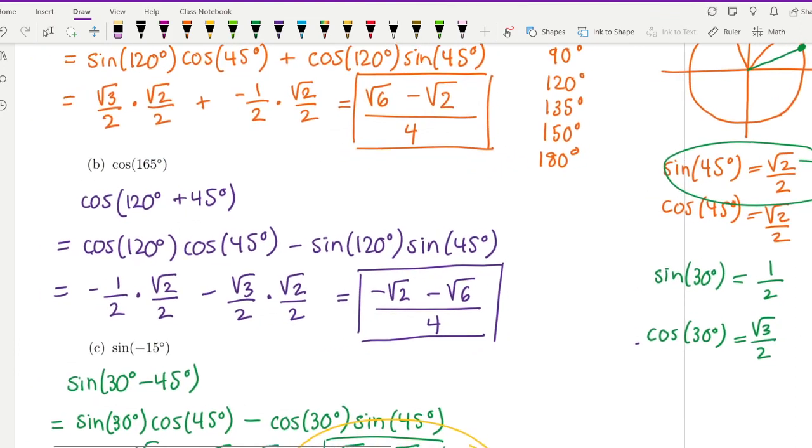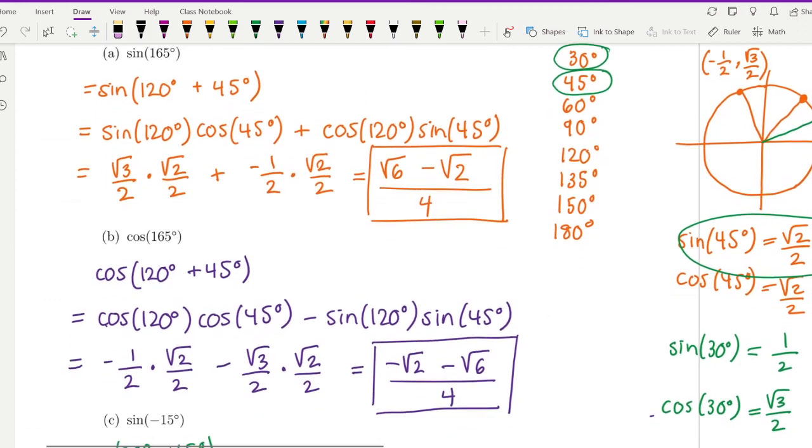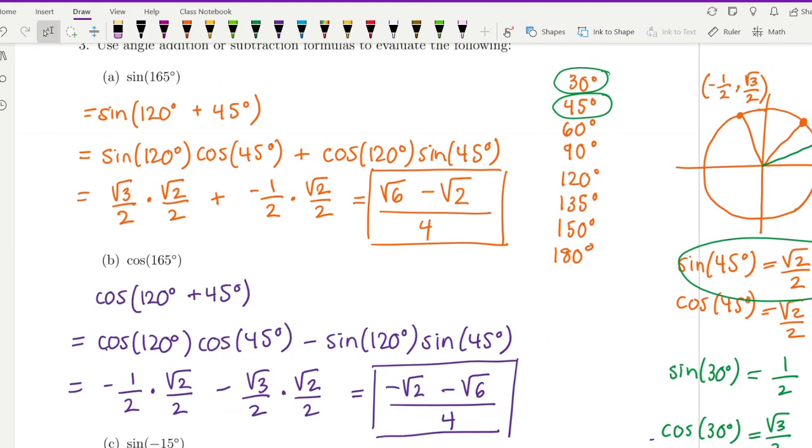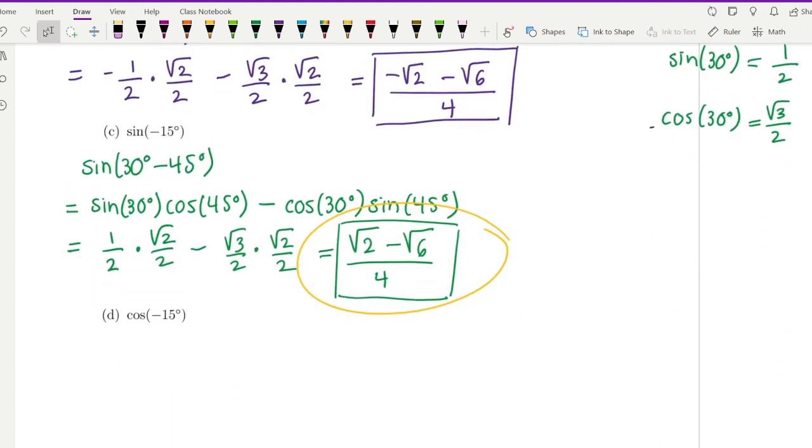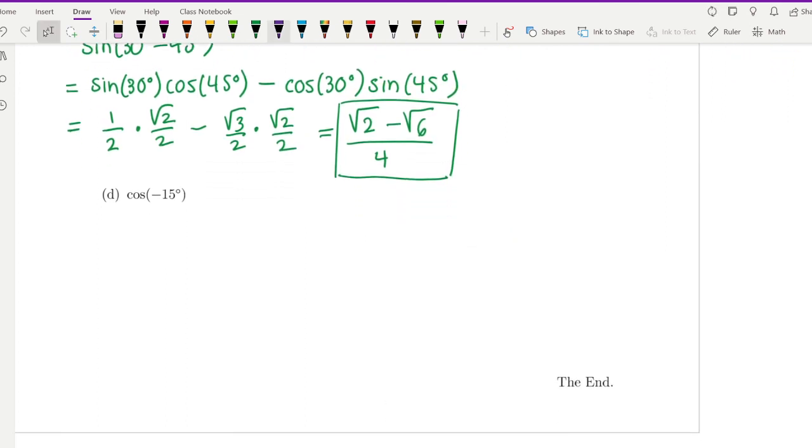But basically, if you were to try to graph what 165 degrees and what negative 15 degrees look like, and compare them, you should see that their value for sine is just the complete opposite of each other because they're directly across from each other on the unit circle.